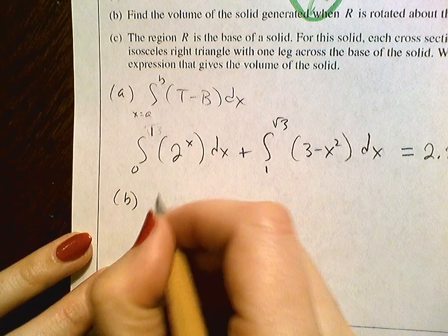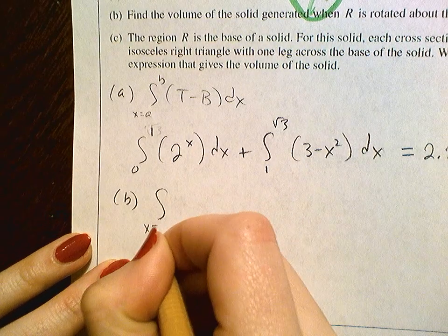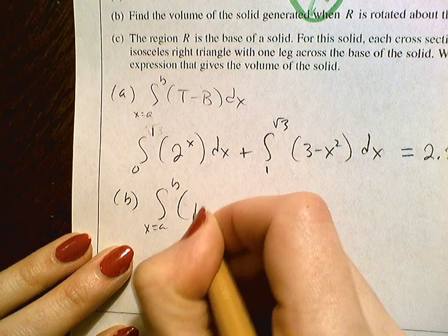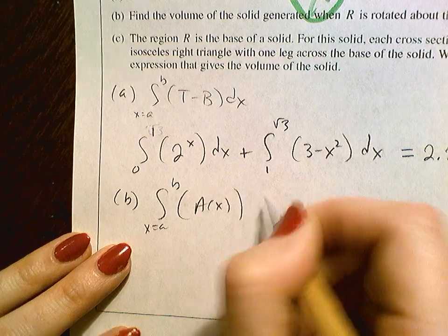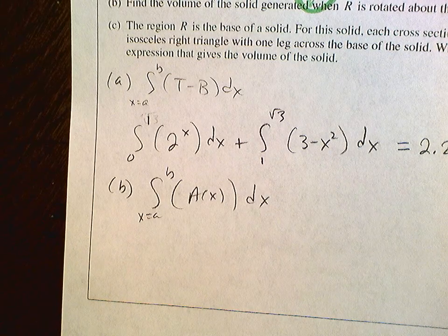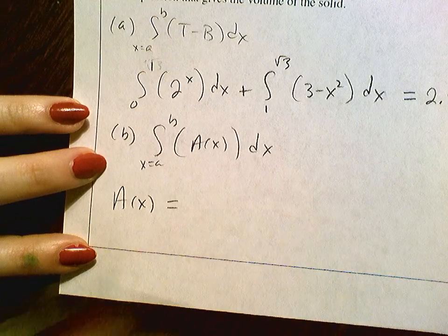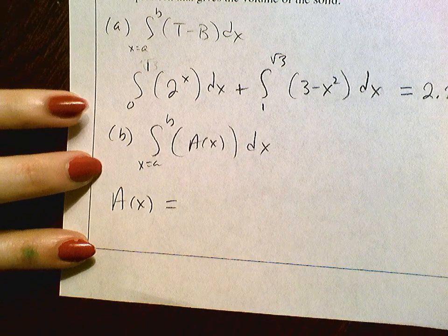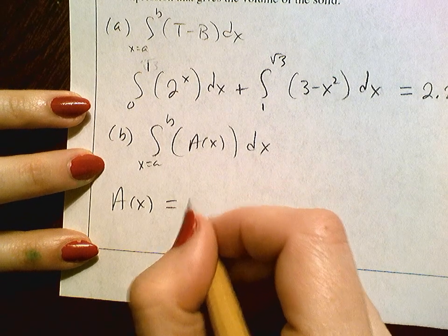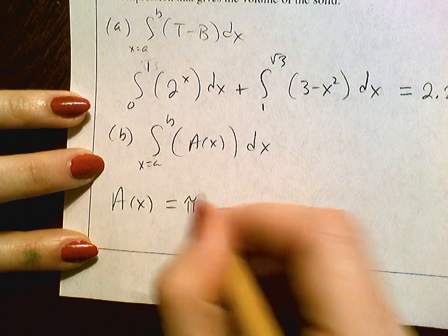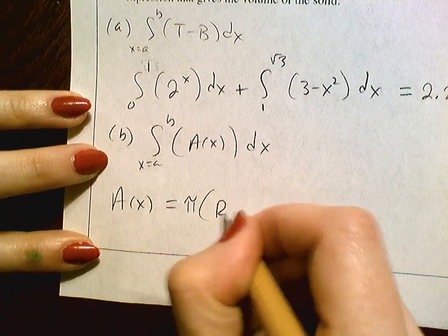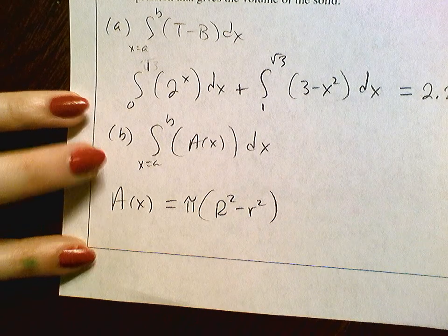So we go like this formula: x equals a to b, area in terms of x dx. But the area in terms of x is going to be pi times big R squared minus little r squared.